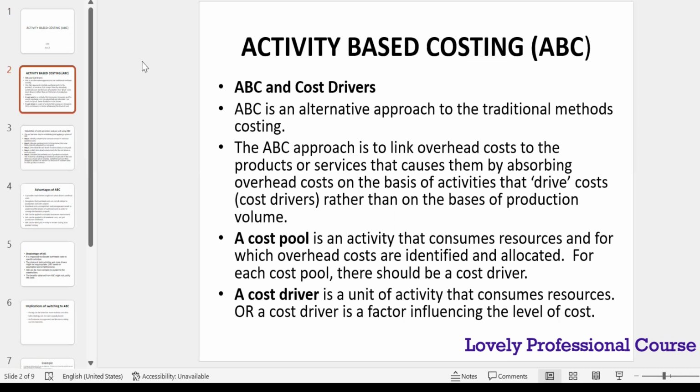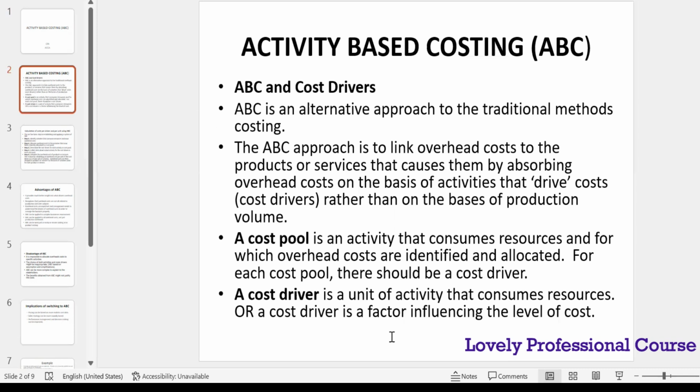So we want to be specific to a certain cost center, say this department has incurred these costs. So we can use activity-based costing or the absorption costing method. But in activity-based costing, there are some terms we need to understand before we attempt any question, wherever it comes from.